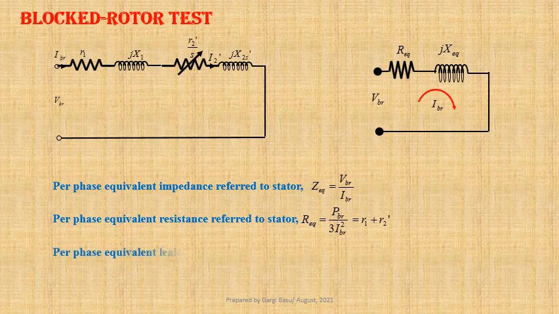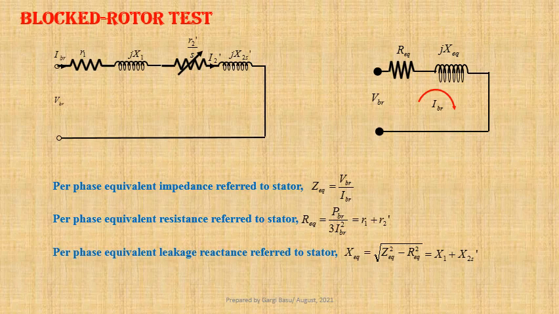Per phase equivalent leakage reactance referred to stator XEQ equals root over ZEQ square minus Req square, that is equal to X1 plus X2S dash, where X1 is the stator leakage reactance per phase and X2S dash is the rotor leakage reactance per phase at standstill condition referred to stator.